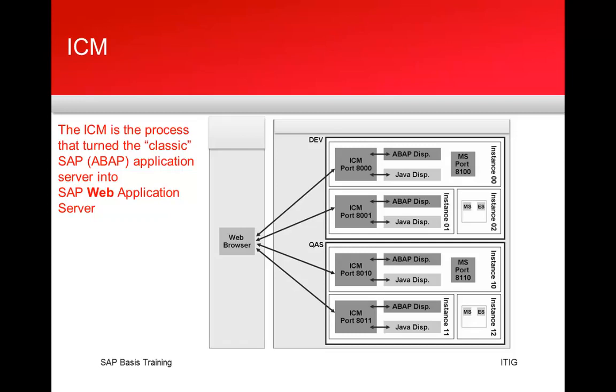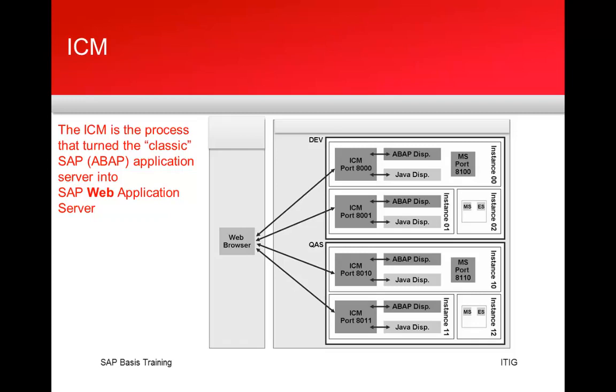Within a work process, the ICF process provides the environment for handling HTTP requests. ICF stands for Internet Communication Framework. We'll be covering ICF in our next topic, but for now, ICF provides the environment for handling HTTP requests. ICF is actually a bridge between the C kernel of the SAP system and the application program created in SAP.